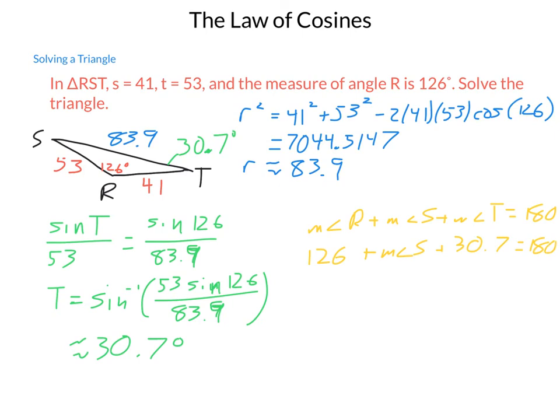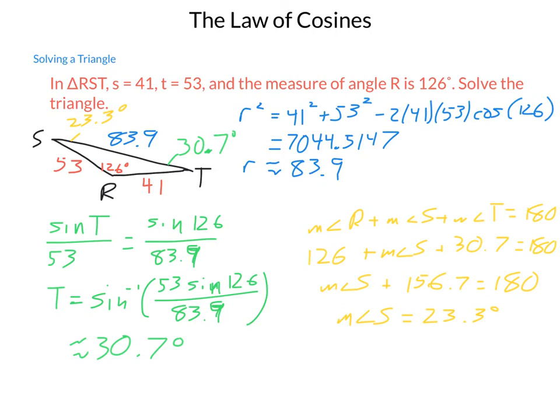Combining my like terms, the measure of angle S plus 156.7 degrees equals 180 degrees. So running my subtraction, the measure of angle S is going to be 23.3 degrees. Okay, so I now have all side lengths and all angles for this triangle, and the triangle is solved.